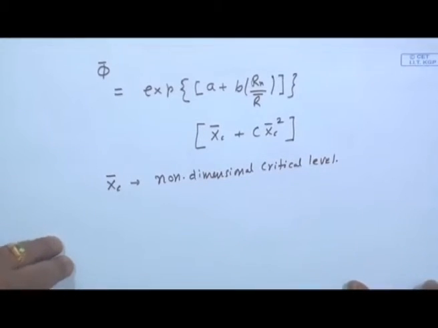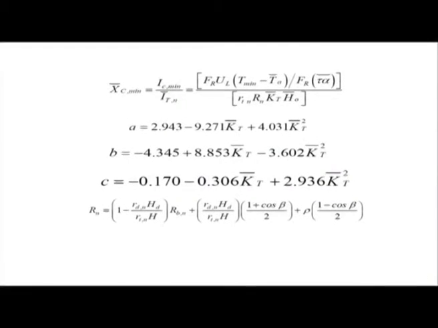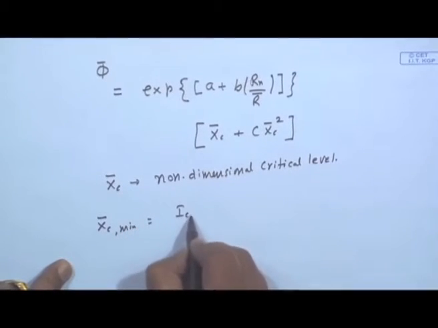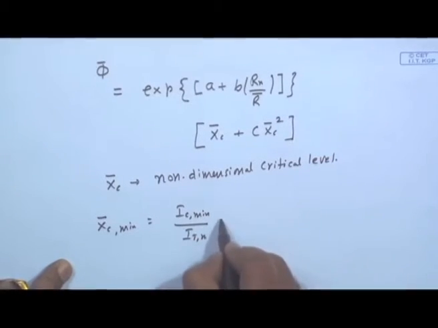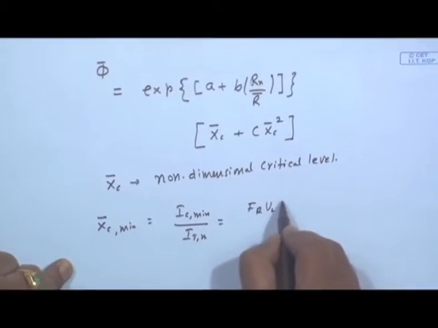A, B, C are defined in terms of the clearness index, of course, as such. Xc bar, which I will call minimum, if I write it in terms of IC minimum compared to T minimum, is nothing but the critical radiation level.